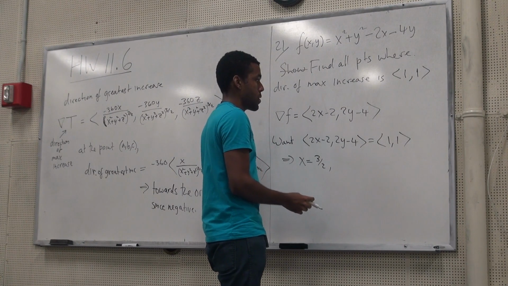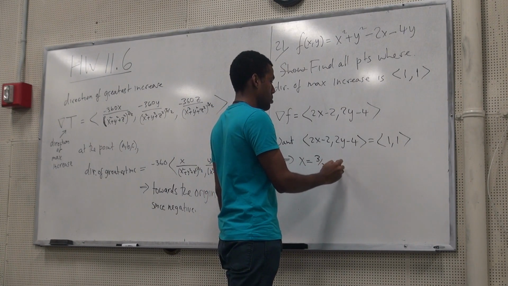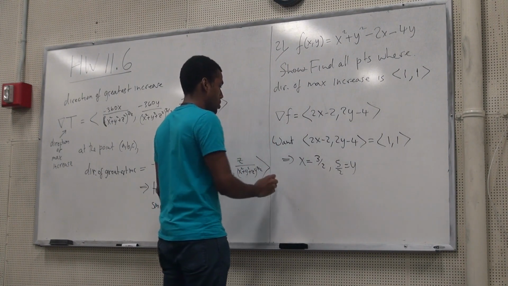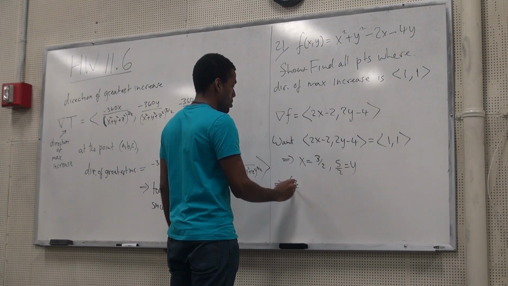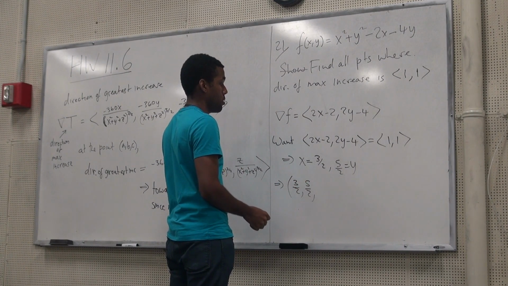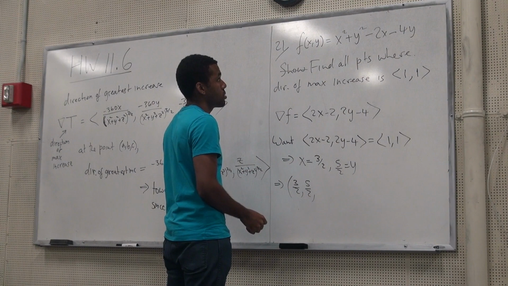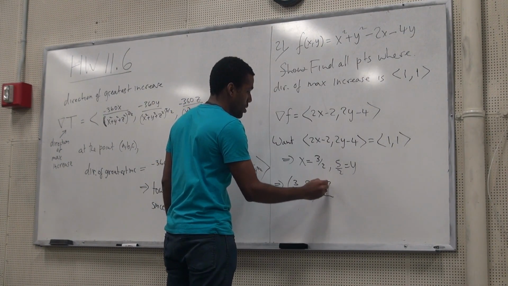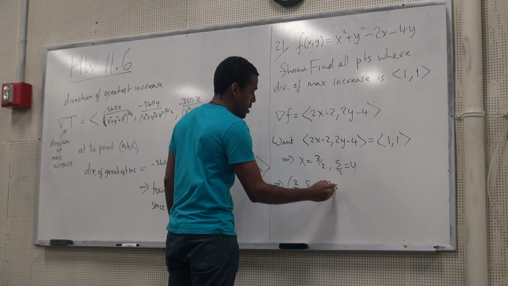Y must be what? 5 halves. So a point is 3 halves, 5 halves. What will be the z value at that point? Well, you plug it in here. This is f of 3 halves, 5 halves.